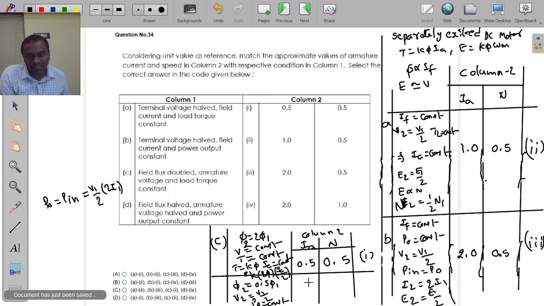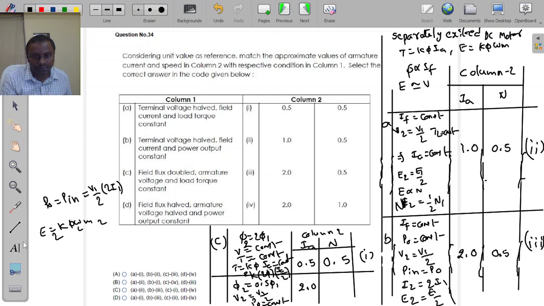Speed: E is K phi omega m. E2 is K phi 2 omega 2.